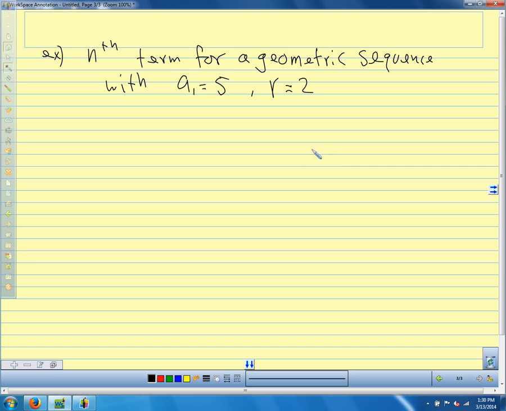This one's really easy. It's just asking us to plug these numbers in. So a sub n is 5 times 2 to the n minus 1. If we wanted to simplify this at all, is there another way we could write this?